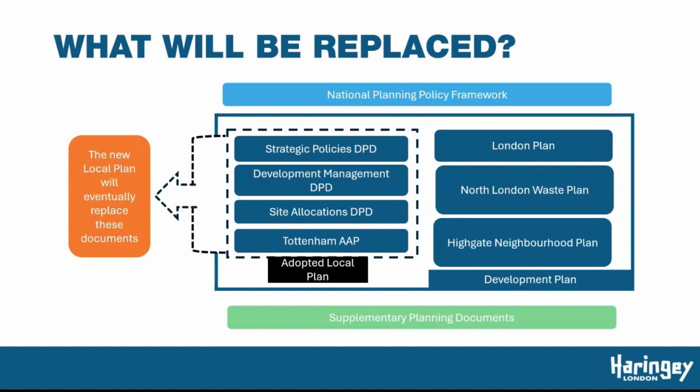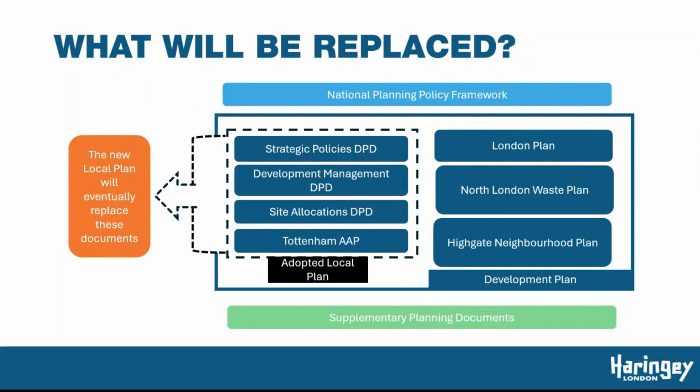At the moment, we have an adopted neighbourhood plan for Highgate in Haringey. And those documents that will be replaced by the new local plan are our Strategic Policies DPD, our Development Management DPD, our Site Allocations DPD, and the Tottenham Area Action Plan.